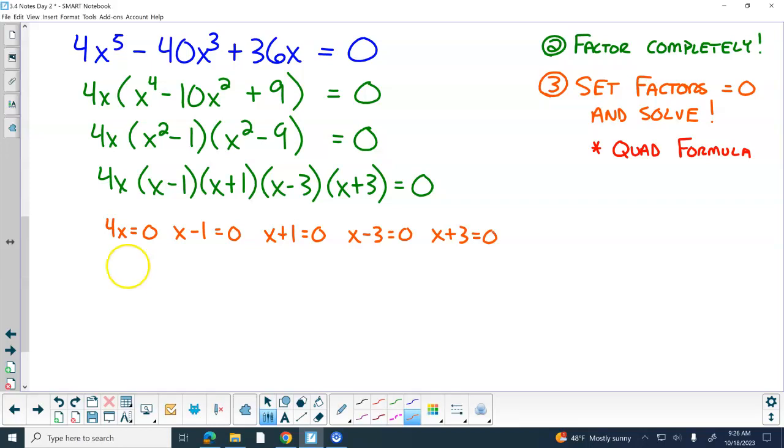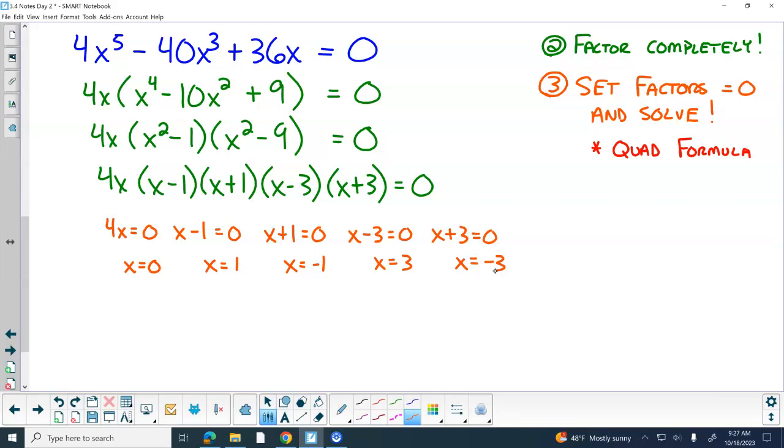So this one would be x equals 0. x equals 1. x equals negative 1. x equals 3. x equals negative 3. How many answers did we say we needed? 5. How many answers did we end up getting? 5. Okay?